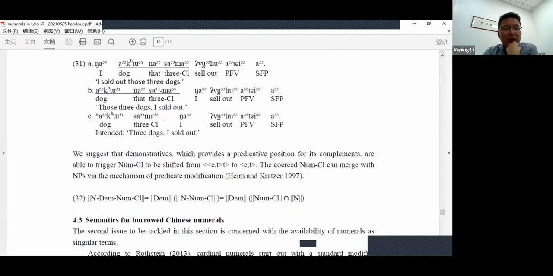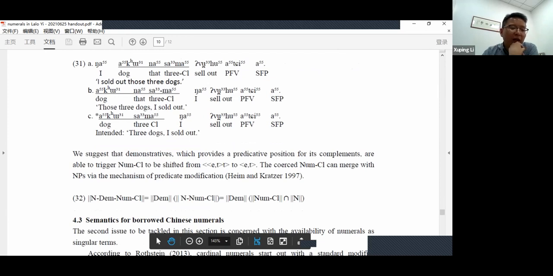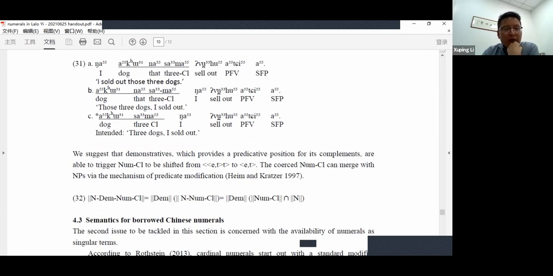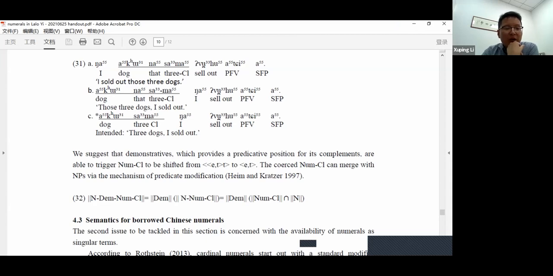Here I also assume that once there is a demonstrative, the demonstrative needs a complement, a restrictor. So it needs an ET type of complement. So it would coerce its complement num classifier to be shifted from GQ to ET, and hence the num classifier can intersect with the NP. That's what I have for the moment. Okay, if it's not correct, you can tell me later on.